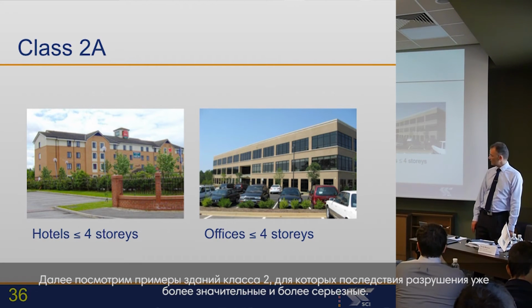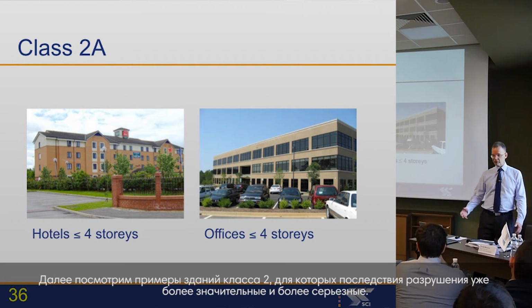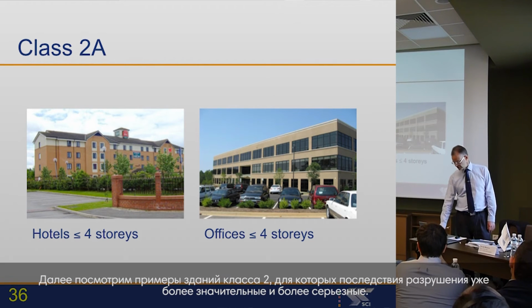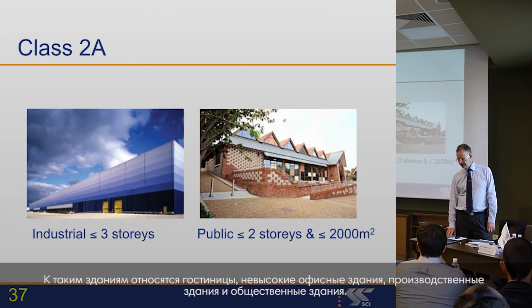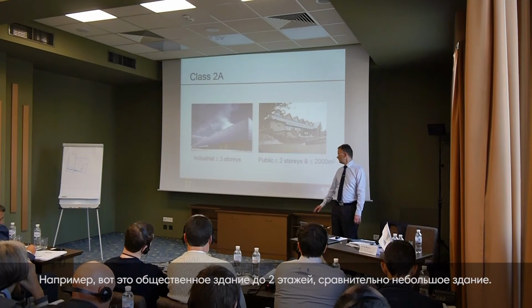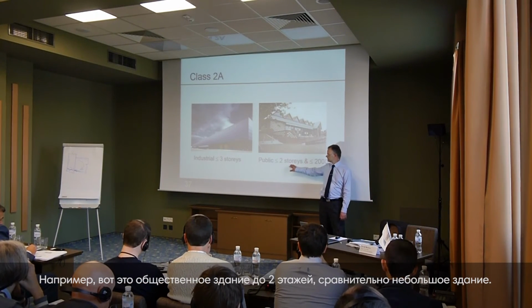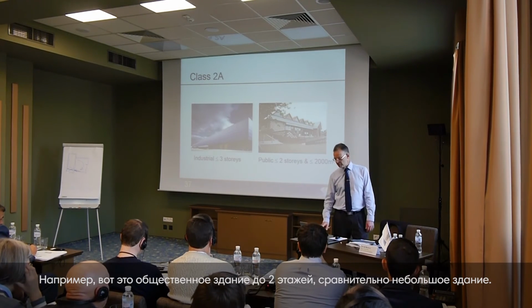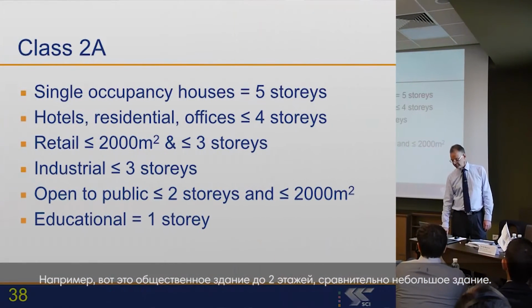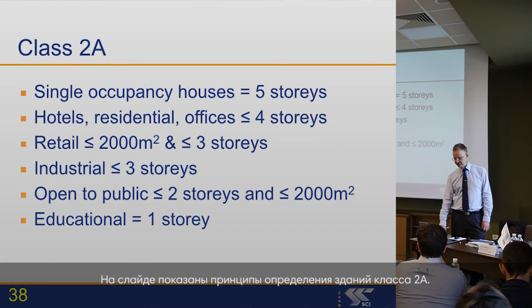These are examples of class 2 structures, so the consequence of collapse is rather more significant. So hotels, offices, industrial buildings, and places where the public go. But for example, this class, where the public go, but limited to 2 stories, so a relatively modest structure. And those are the descriptive rules for class 2A.